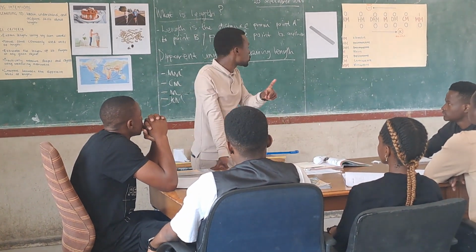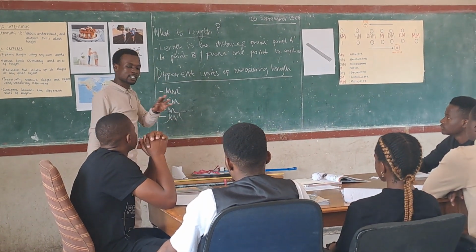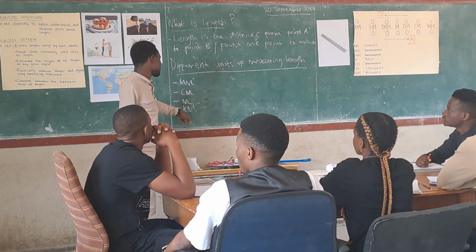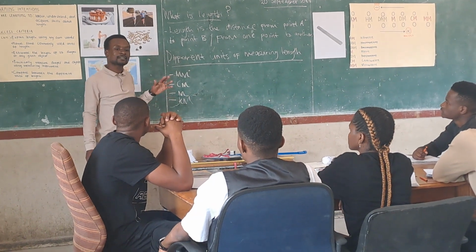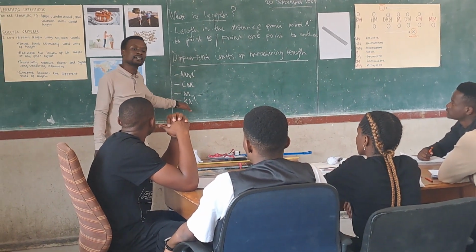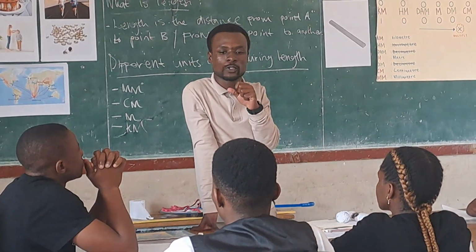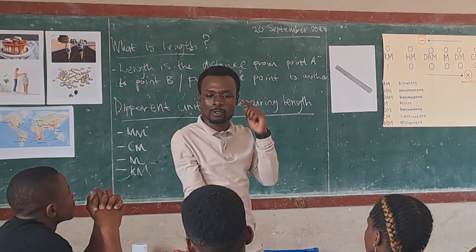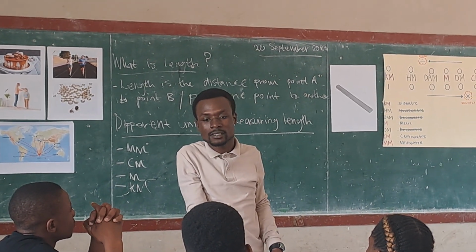Don't worry about that. We're going to get into conversion after this introduction part. So if you are asked for a distance of 1 kilometer, you must think of 100 sports field.